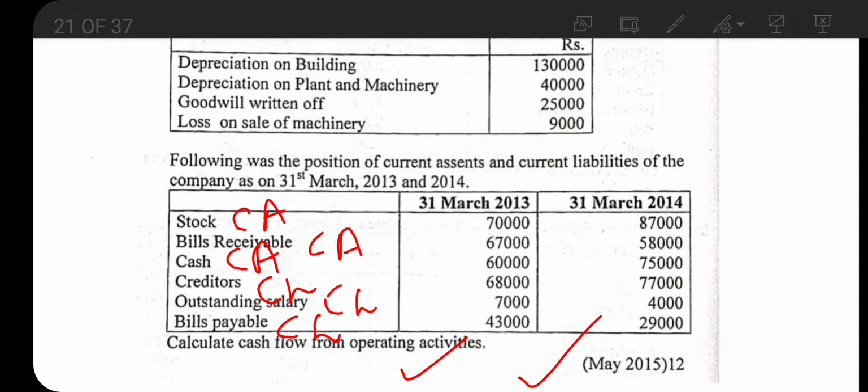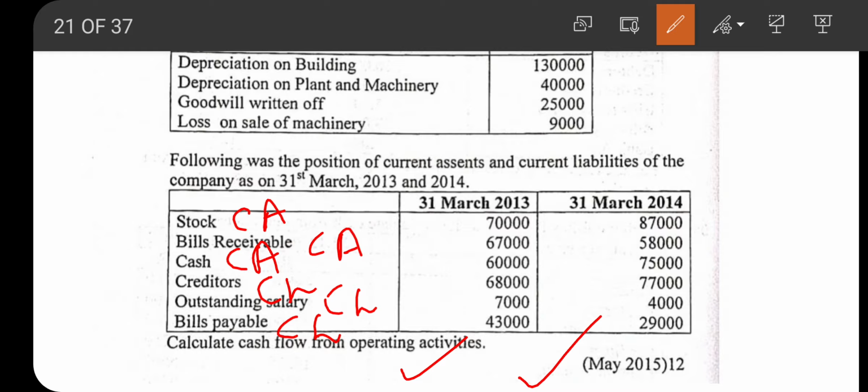Now in the stock balance, the opening balance is 70,000, closing balance is 87,000. So there is an increase in the current asset, the value of stock. Bills receivable opening balance is 67,000, closing balance is 58,000, so there is a decrease in the current asset.